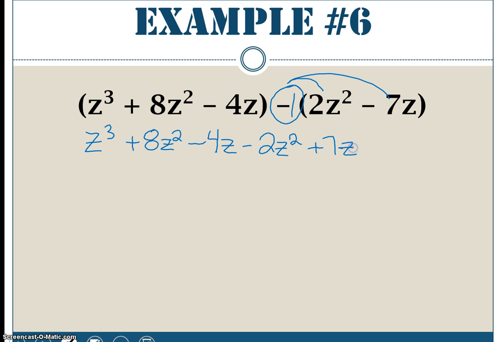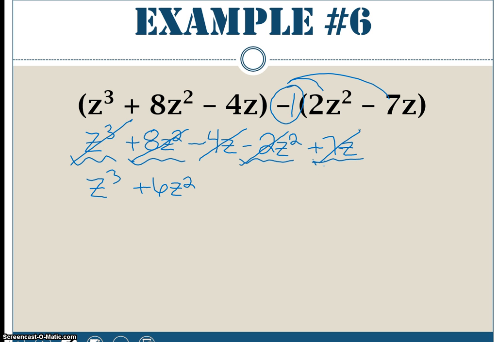Keep your z. Now combine like terms. So z cubed, there's no other z cubed, so I just drop that one down. 8z squared and a negative 2z squared makes positive 6z squared. And then negative 4z and a positive 7 make positive 3z. So this is my solution.